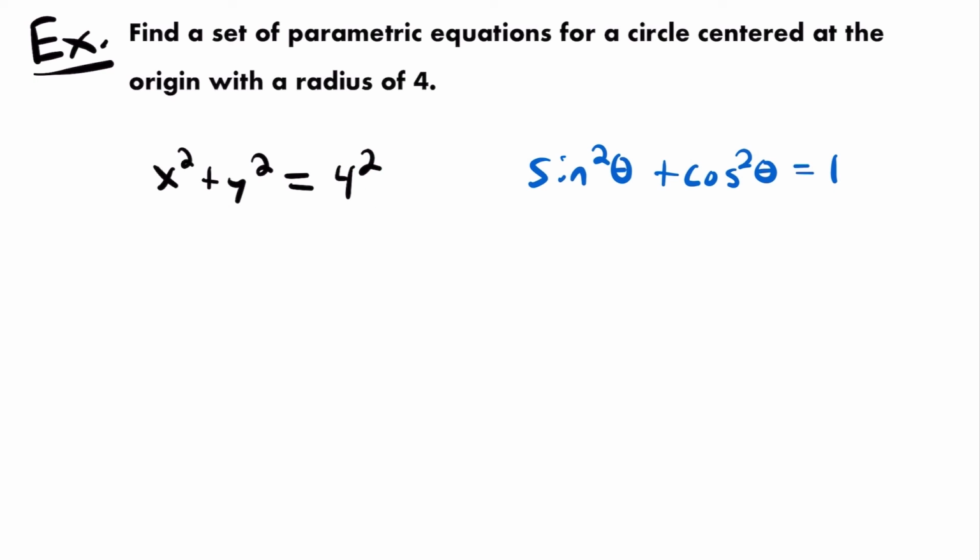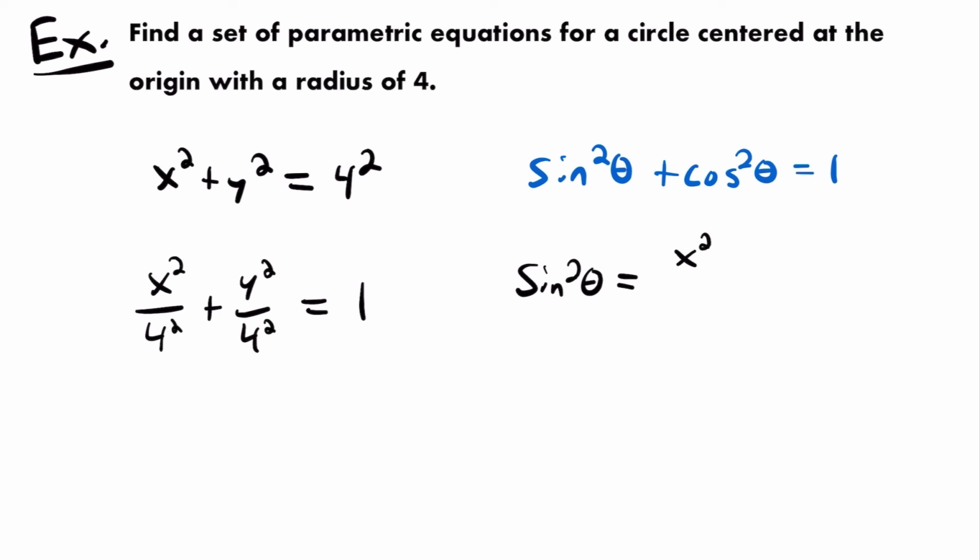So what we'll have is that x squared divided by 4 squared plus y squared divided by 4 squared is equal to 1. And so now we can set sine squared theta equal to this term and cosine squared theta equal to this term. All right, so sine squared theta will be equal to x squared divided by 4 squared, and cosine squared theta will be equal to y squared divided by 4 squared.